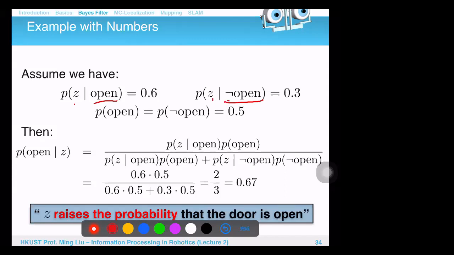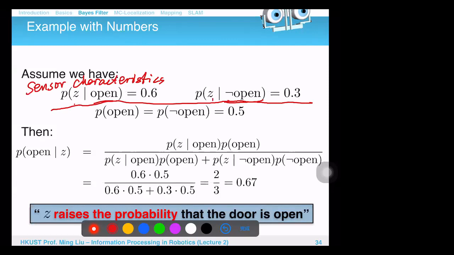And these two equations are the sensor characteristics. Maybe I spelled it wrong. That means if I use the sensor Z, what should I expect?